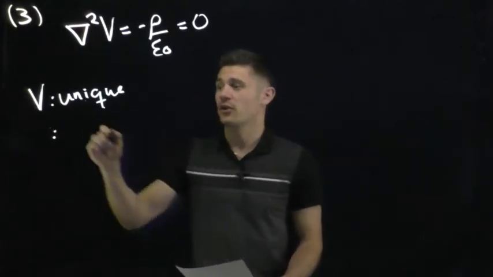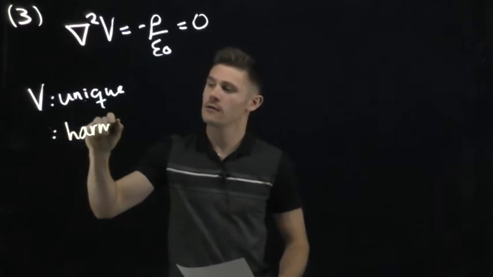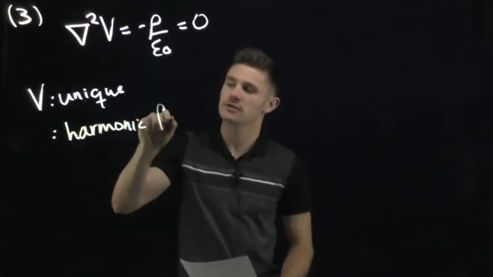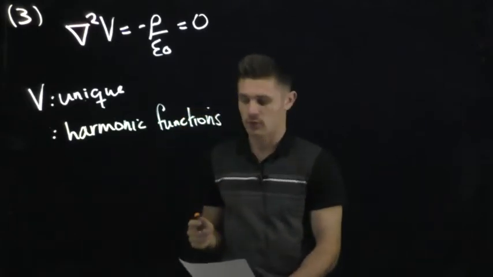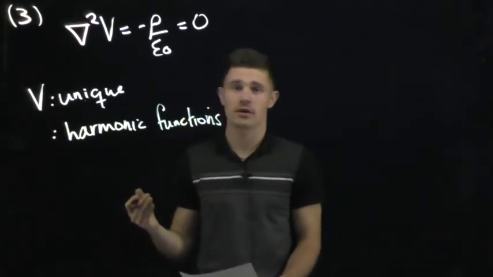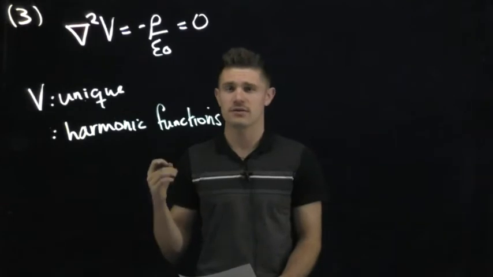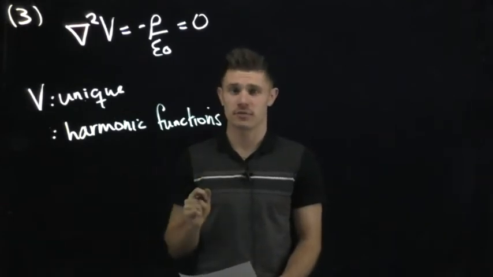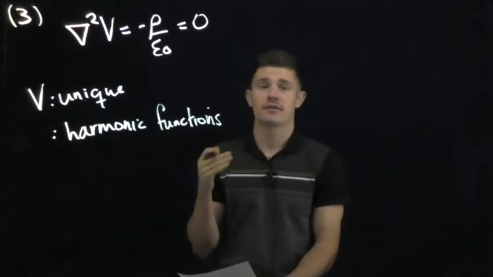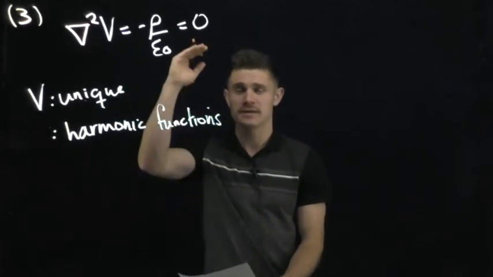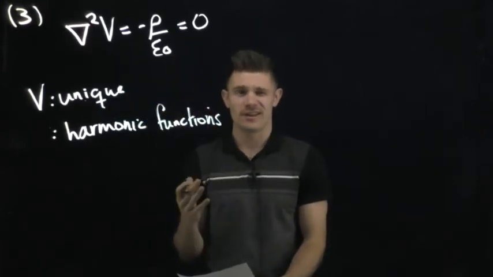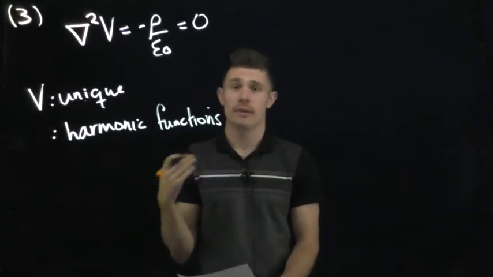The solutions are called harmonic functions. Some properties of harmonic functions are that there are no local maxima and no local minima in the solution of the potential. So if there are any maxima or minima points in that potential, any peaks or valleys, they have to appear on the boundary.